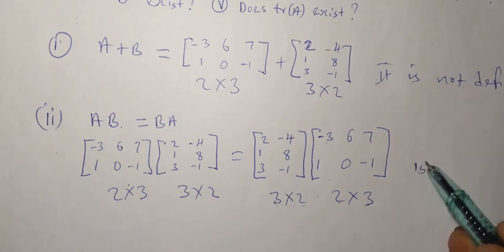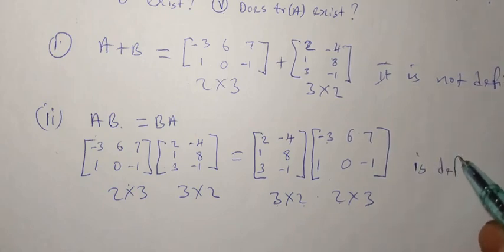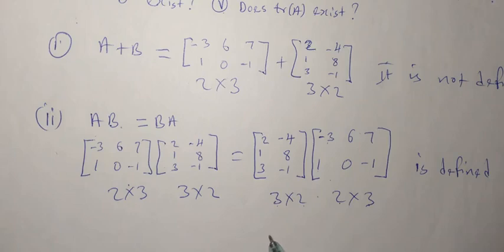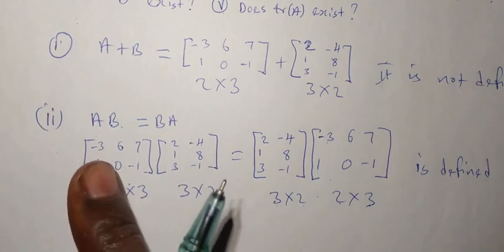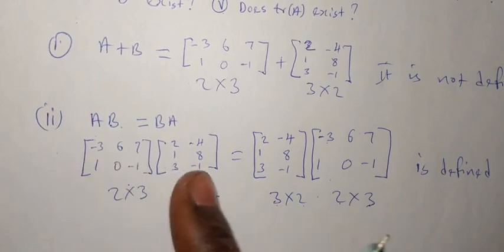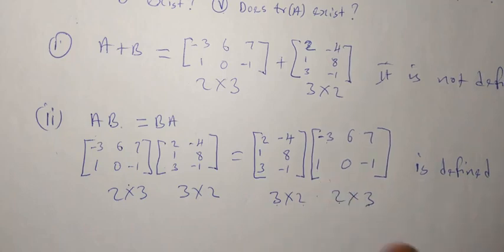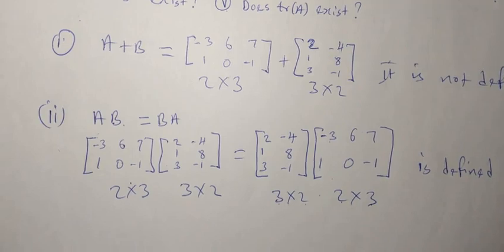This matrix product is defined because the orders of the matrices allow multiplication. As a result, we can multiply both the left and the right hand side. Remember, the question said that we should state without proof, so there's no need for us to solve by multiplying the left and the right hand side.